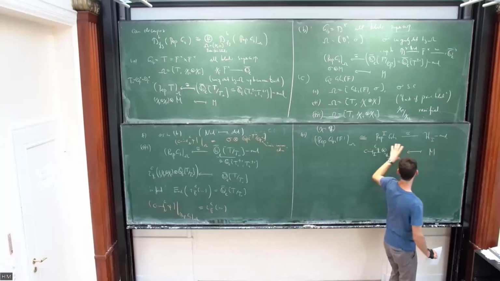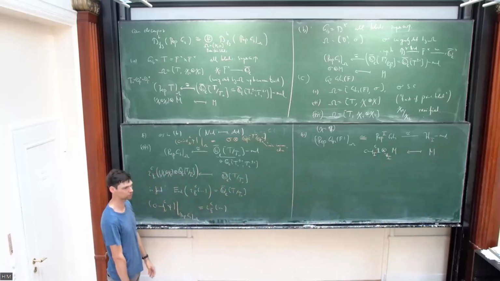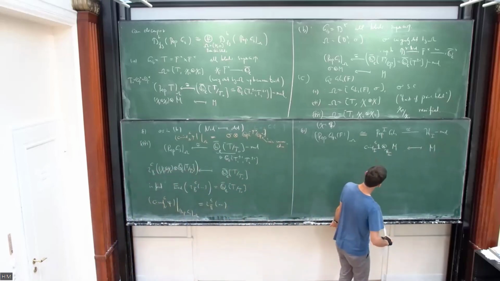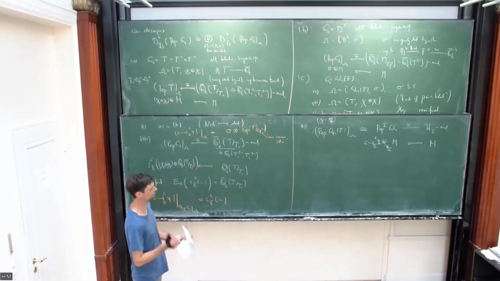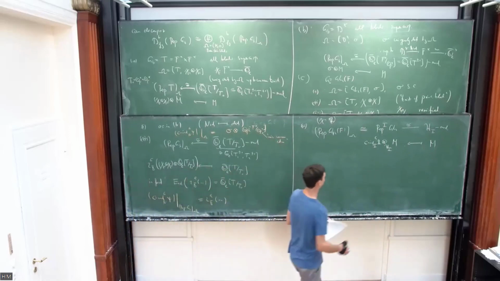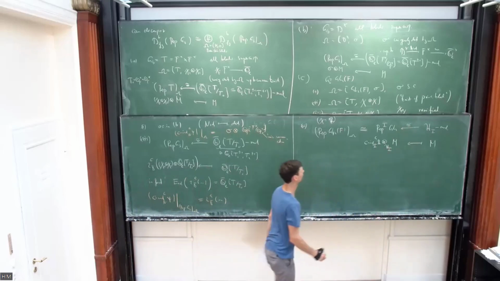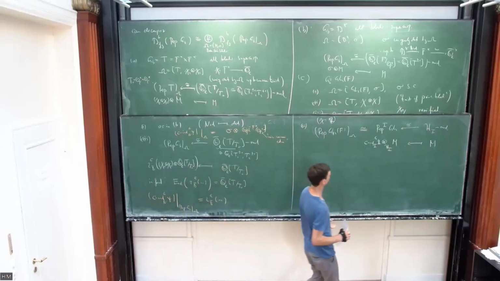Then you can tensor modules over here, and I don't want to go into left and right modules, but there is a way to make the left and right actions accurate. So this is an equivalence of categories.